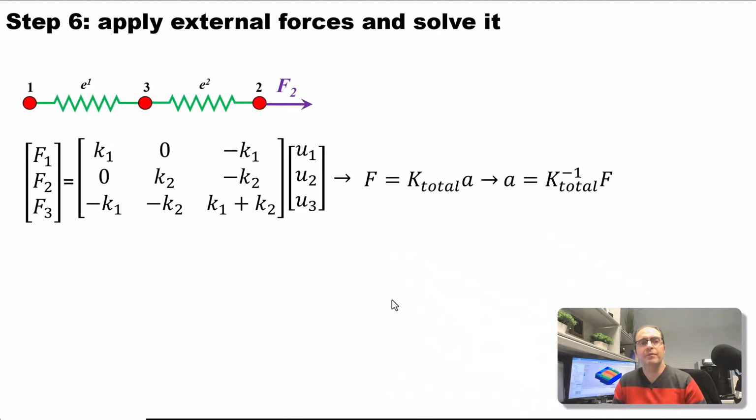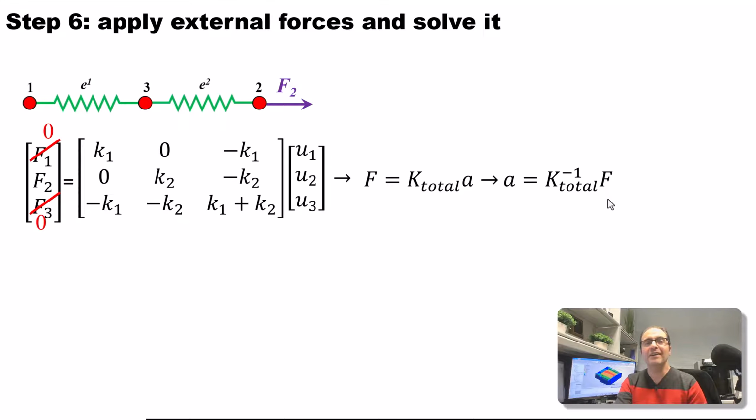Let's go to step 6. In step 6, we want to apply the external forces and solve the characteristic formula. The only force that is being applied on our spring is F2, so F1 and F3 are 0. And then we have this formula, F is equal to K total times A. To find A, we can find the inverse of K total and multiply that by F. So it turns out that we cannot really solve this equation.